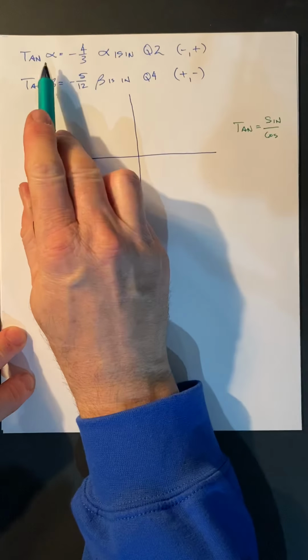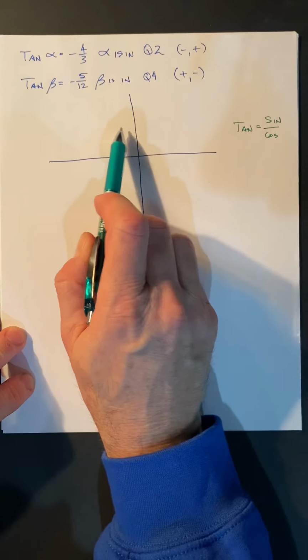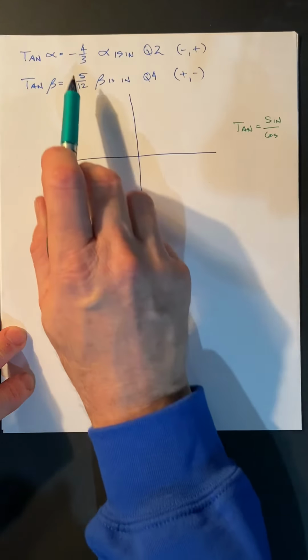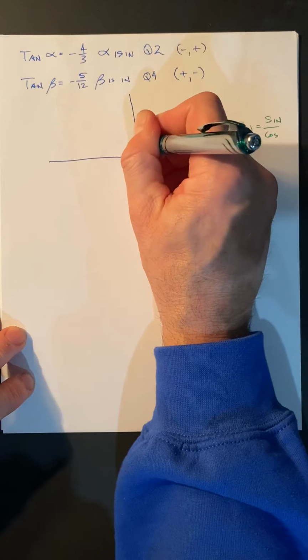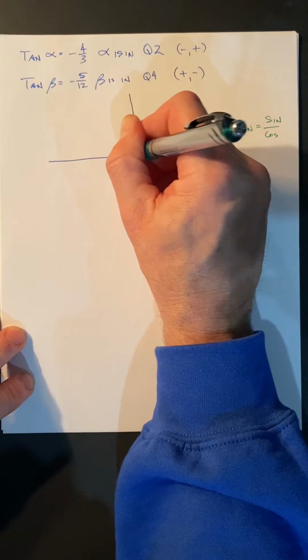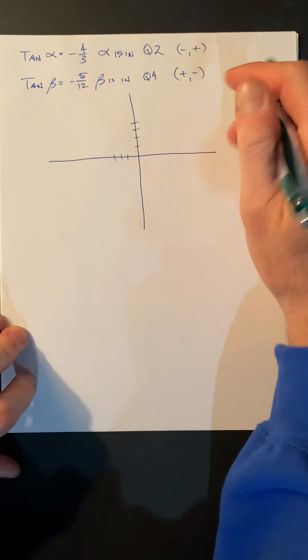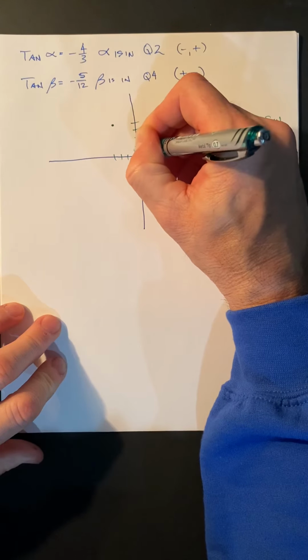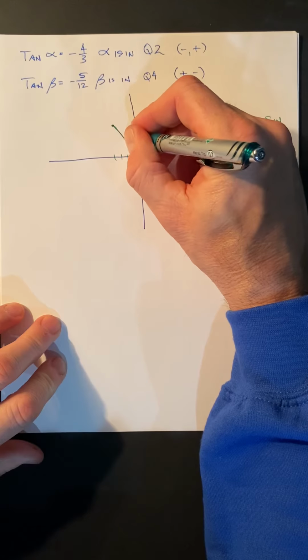So if I look at this guy, he's in quadrant 2, I'm over here someplace, aren't I? My sine is 4, 1, 2, 3, 4, and my cosine is just 3, okay? So if I draw this, I'm going to have this angle, right?